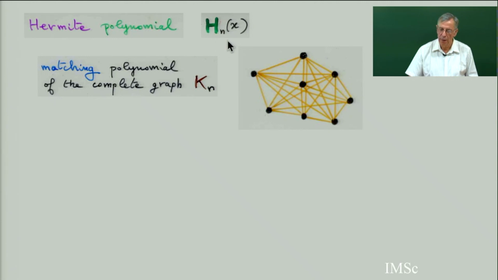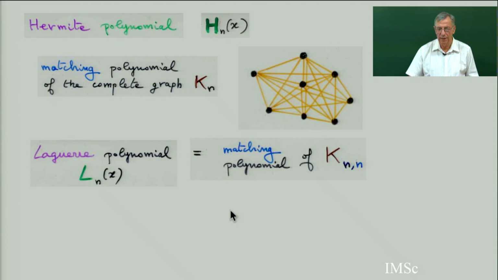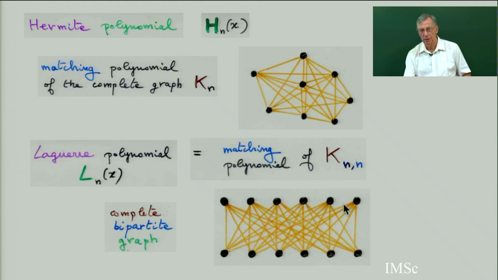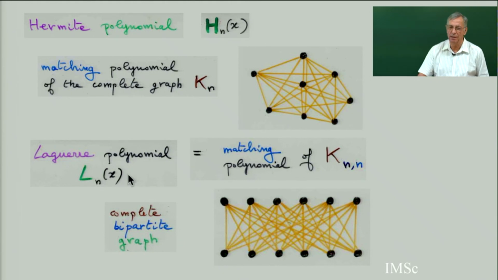Now the Laguerre polynomials are exactly the matching polynomials of the complete bipartite graph Knn. You put n points on the top level, n points below, and every vertex on the top is connected by an edge to every vertex below. I claim that this is a very classical Laguerre polynomial.